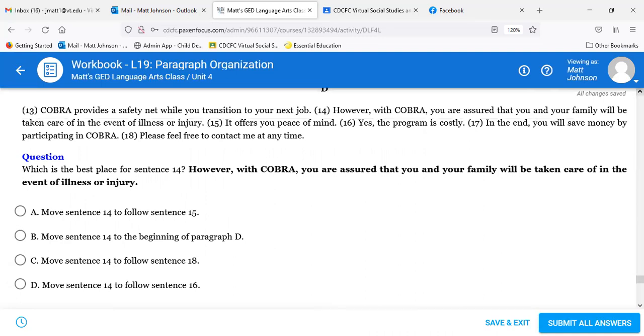B. Move sentence 14 to the beginning of paragraph D. C. Move sentence 14 to follow sentence 18. D. Move sentence 14 to follow sentence 16. Yes, 14.